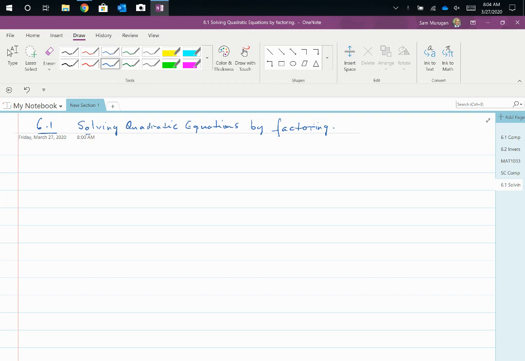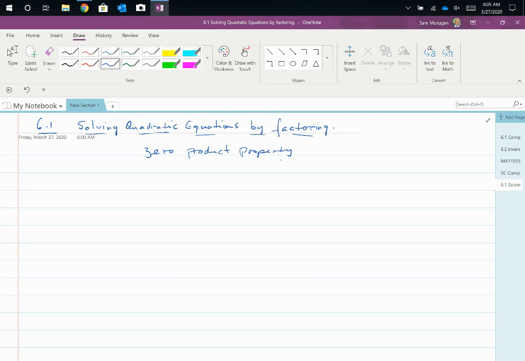So this uses what's called the zero product property.